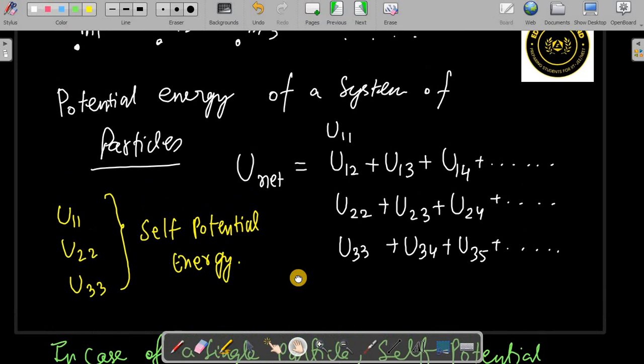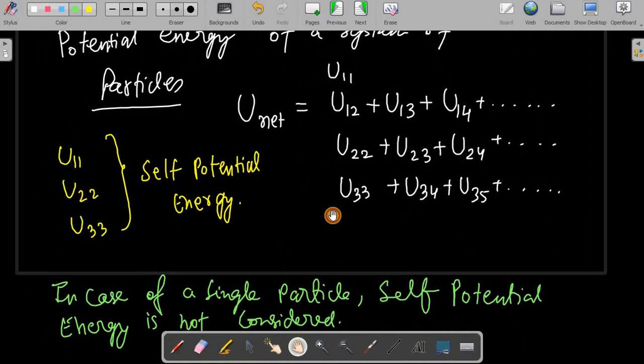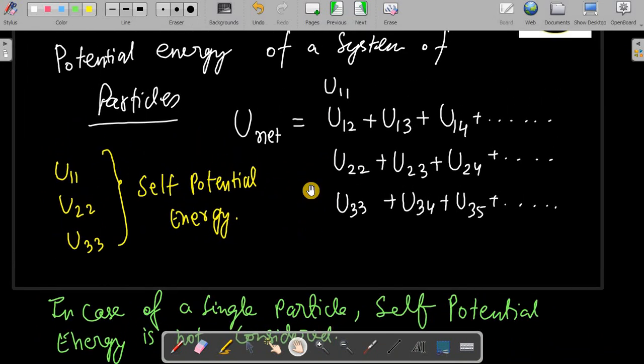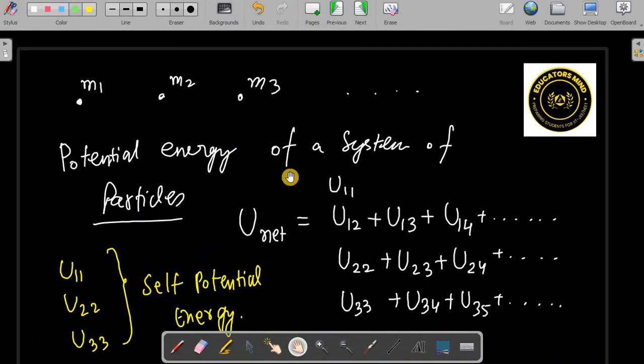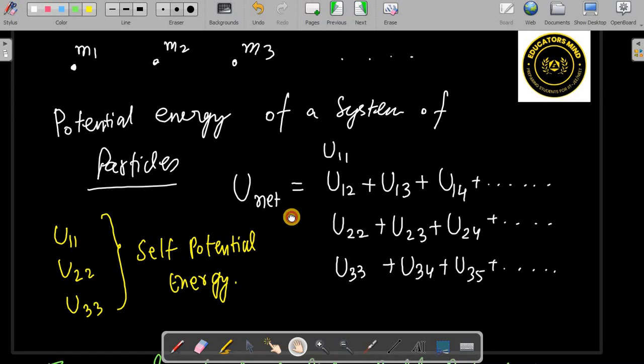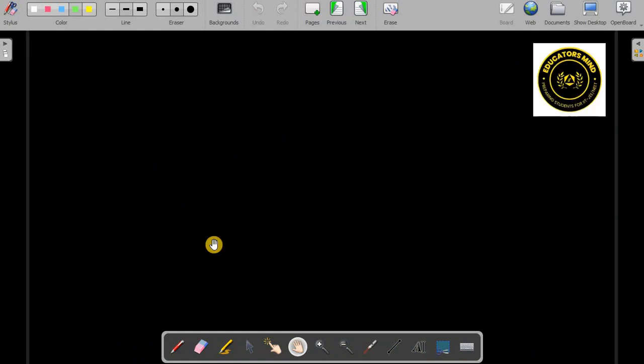Okay, that means you can remove this. In this particular case, you can definitely remove U11, U22, U33 from this calculation. But in case if these are, let's say, solid spheres, then definitely you have to consider all those things, right? Okay, then next.